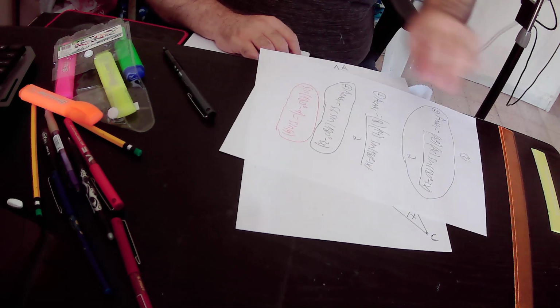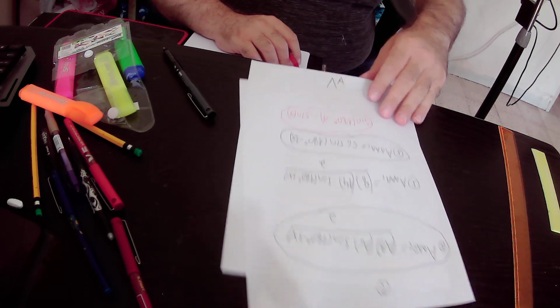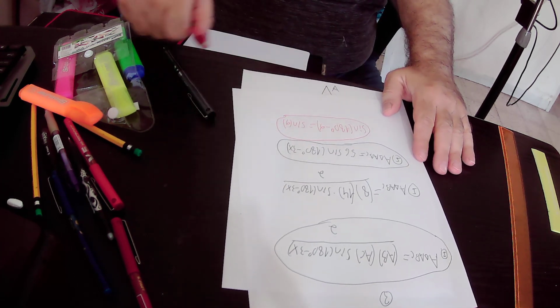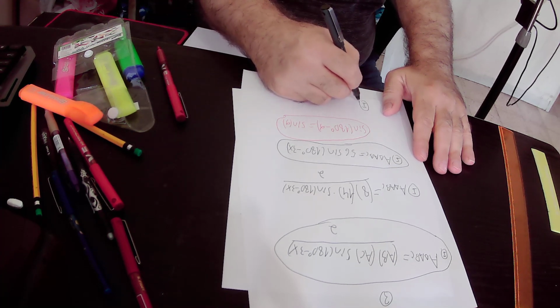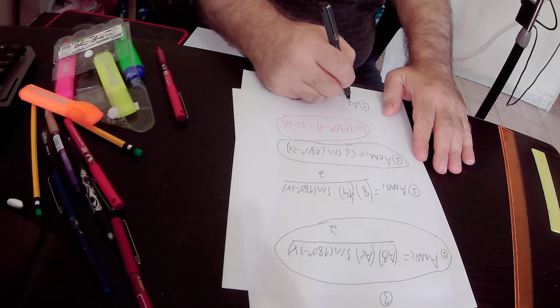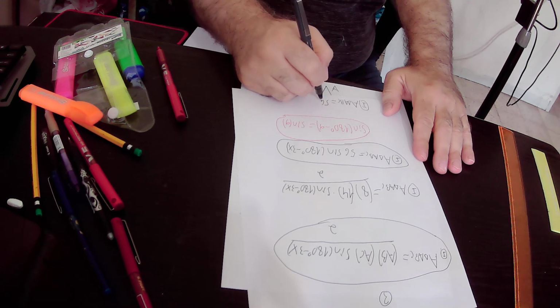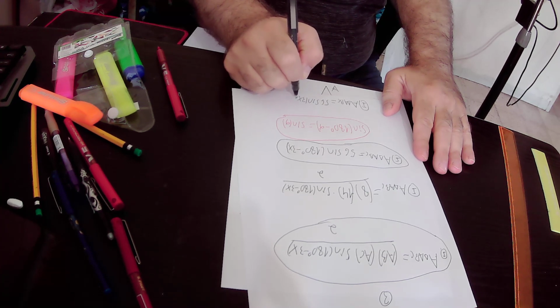So I will write it down. The area of triangle ABC will be equal to 56 times sine of 3x.